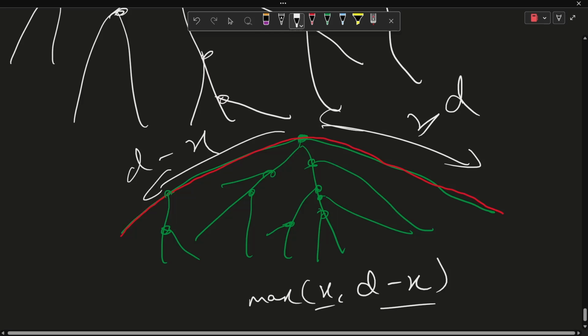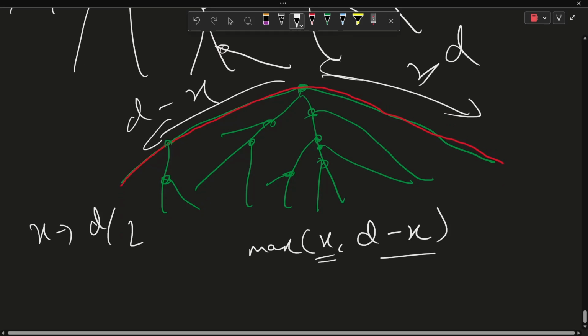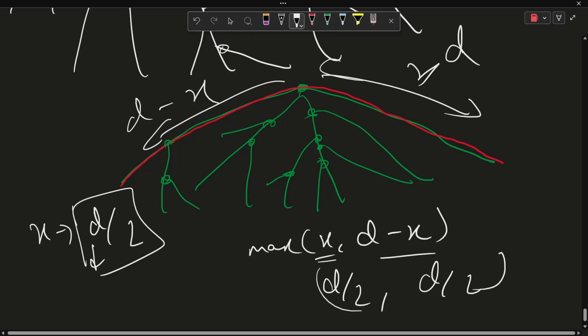So when can you minimize this maximum? If you are considering all the nodes in this path, it can be minimized when x is exactly d by 2. If it is less than d by 2, then one of them would go more than d by 2. With x equal to d by 2, you take the max of d by 2 and d minus x, which is also d by 2.